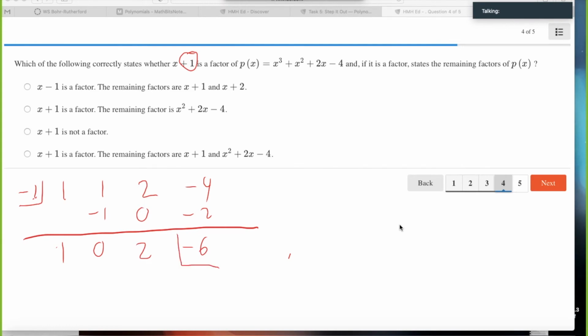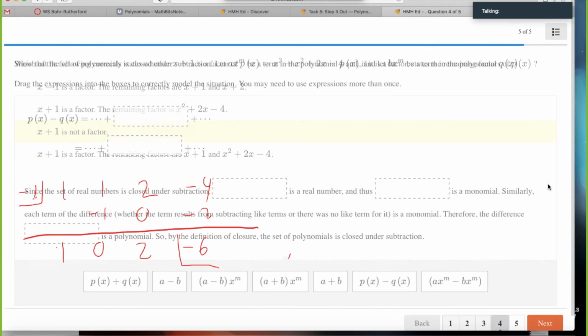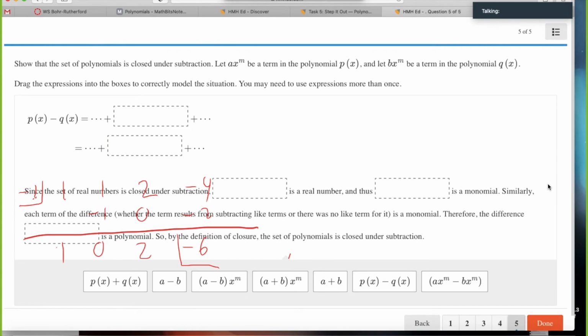So this is our remainder. So x plus 1 is not a factor. I'm just double checking my math real quick. Yep. x plus 1 is not a factor. So that is one of those moments where synthetic division was super helpful because I was able to quickly figure that out.